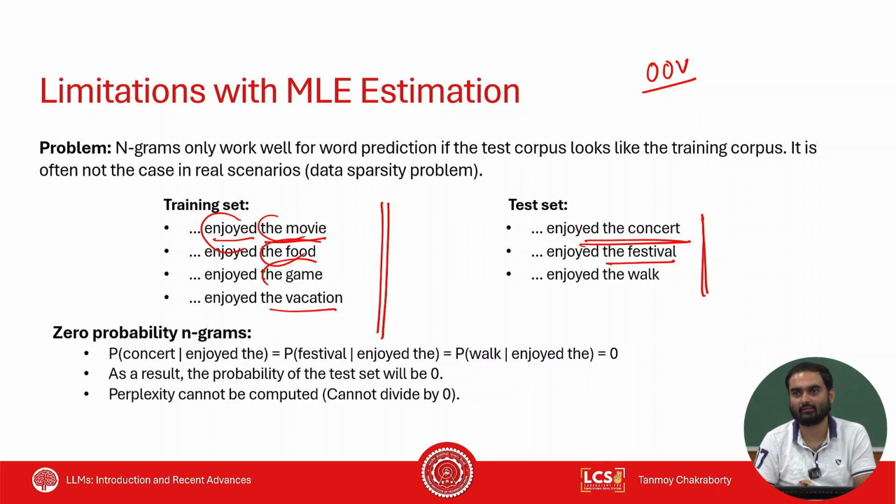But what we do in general is that while creating this vocabulary, we also maintain another list which we call a lexicon. A lexicon is a subset of vocabulary, and in a lexicon we generally store those tokens which have a frequency above a certain threshold.